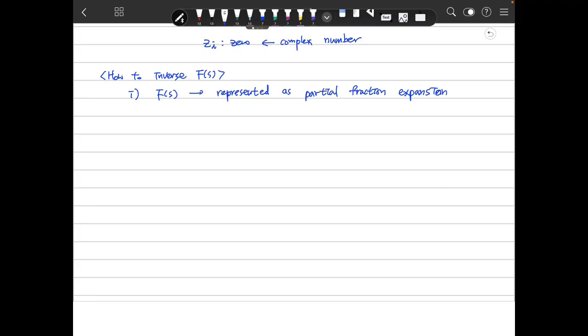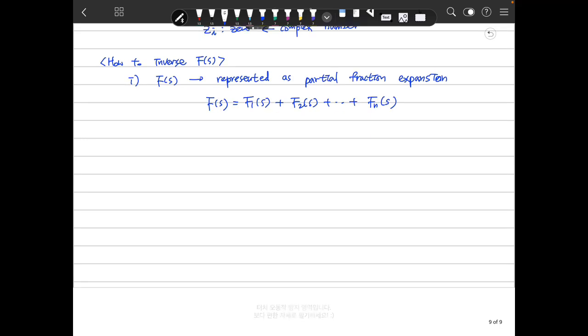Partial fraction expansion means that we will represent F(s) as F1(s) + F2(s) + ... + Fn(s).